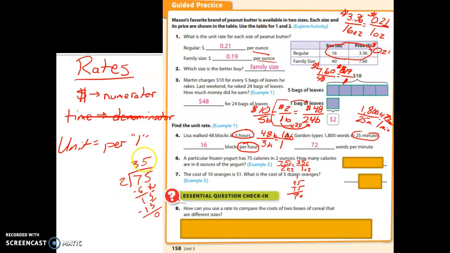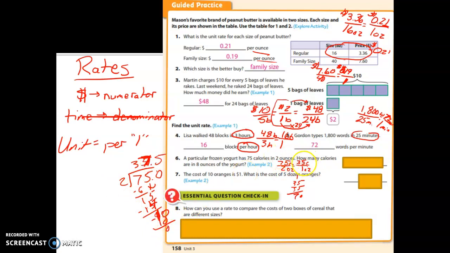2 goes into 15 7 times, right? 7 times 2 is 14, and we get a remainder of 1. Now, in this case, it doesn't make sense to put 37 remainder 1. Well, it would. It'd be 37 and a half, but I'm going to add a decimal here and a 0. 2 goes in 5 times, so there's 37 and a half as well, okay?